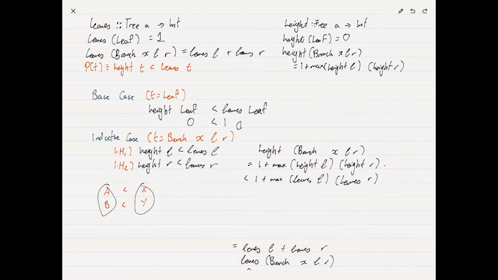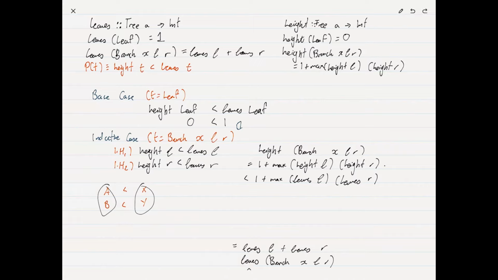So if B is less than Y, and let's say B was the maximum, then the maximum of X and Y is surely bigger than B. And if A was the maximum, and X is greater than A, then the maximum of X and Y is surely greater than A. So the maximum of two numbers is always greater if you have the less than or equal to operator for each of the components.